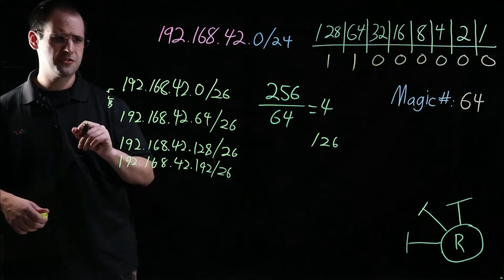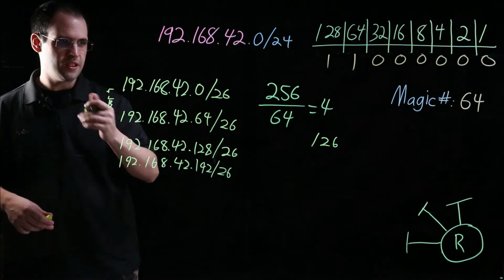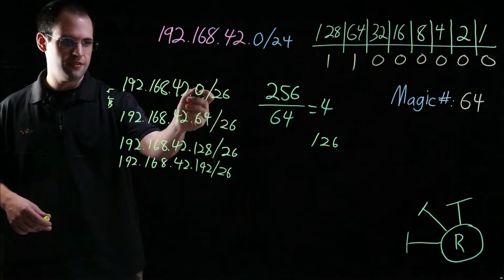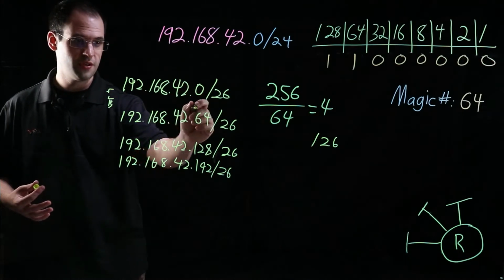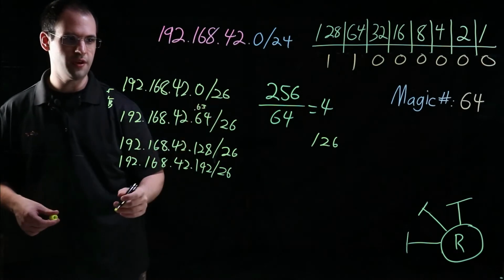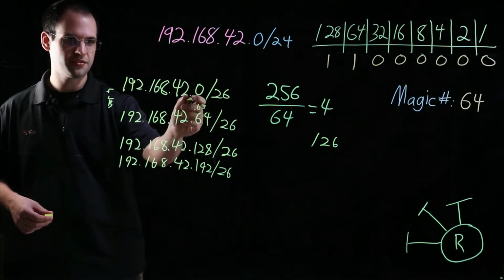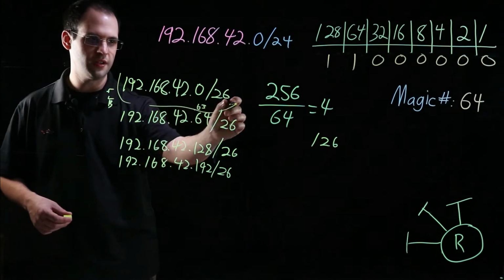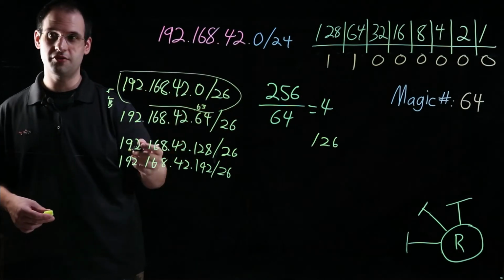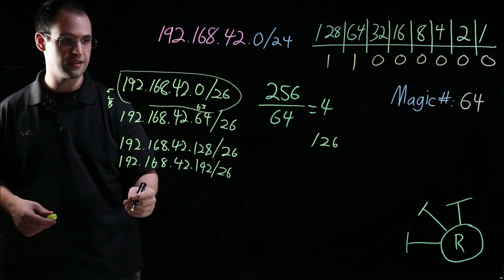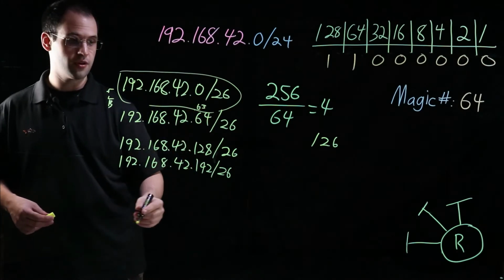Or we can make this just a little bit simpler. If this is the beginning of the network and this is the beginning of the next network, 64, then 63 would be the broadcast for this network, okay? So 0 to 63: 0 is the network, 63 is the broadcast. 64 is the next network.